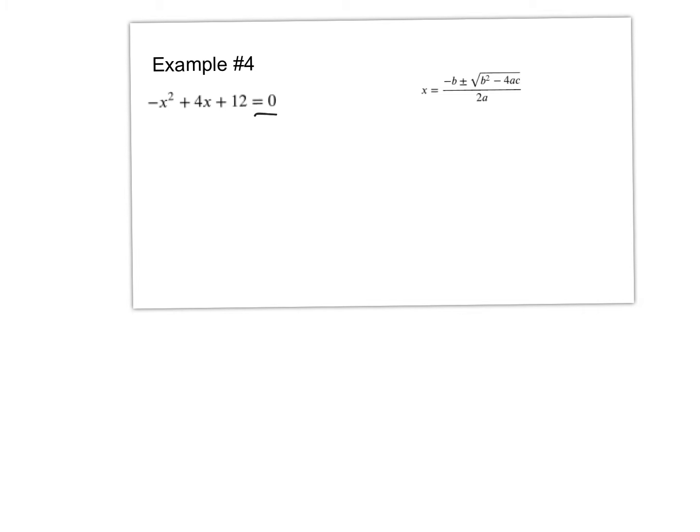So now let's label up our a's, b's, and c's. So -1 is going to be my a. My b value is going to be +4. My c value is going to be +12. Okay, so now we just fill in. X equals -b.